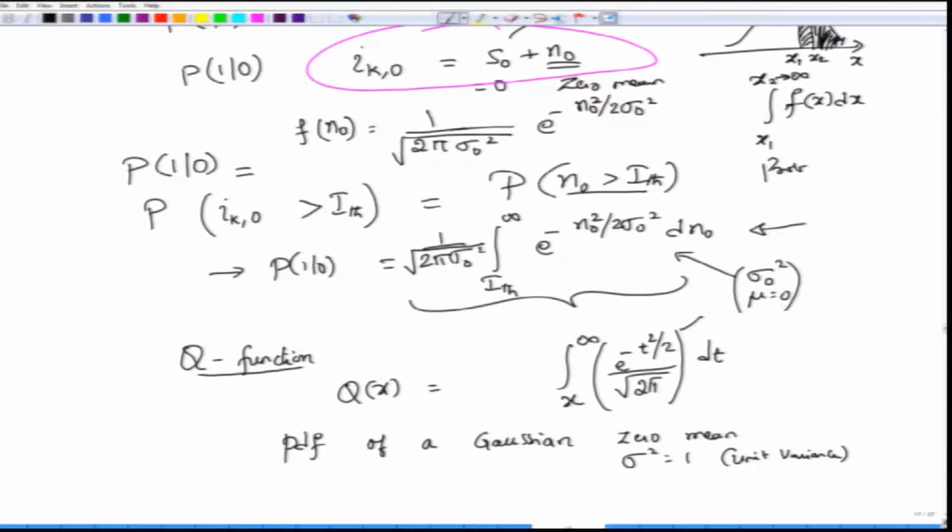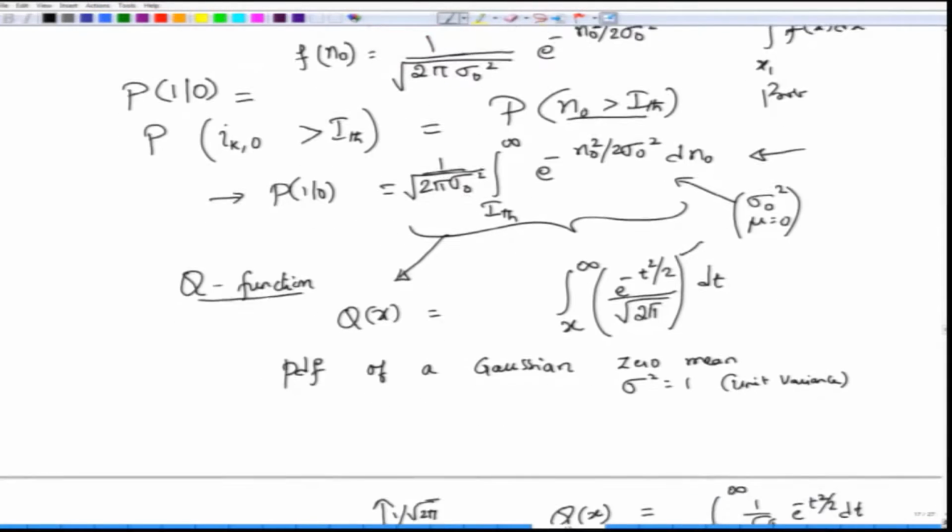So if I can rearrange this equation such that it looks in the form of a Q function, and Q function is well tabulated in the literature. So if I can rearrange this function to look like Q of something, okay, then I can use those values which people have already computed many years ago.